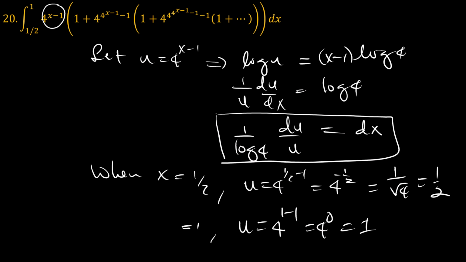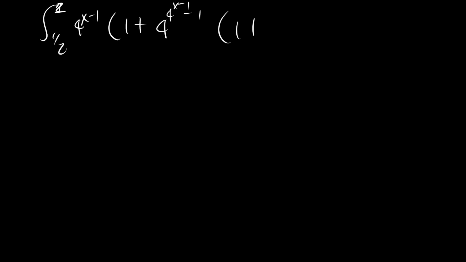However, our problem changes a little bit. So our problem that is in the x domain, let's first of all write what is in the x domain. So we have the integral from a half to 1 of 4 to the x minus 1, times 1 plus 4 to the power 4 to the x minus 1 minus 1, and so on.